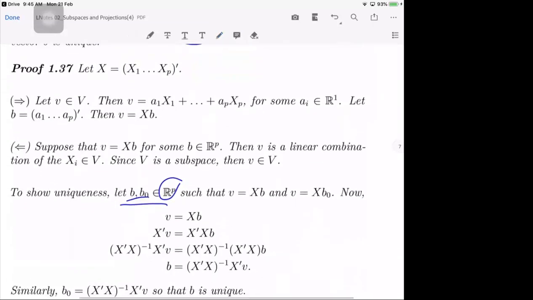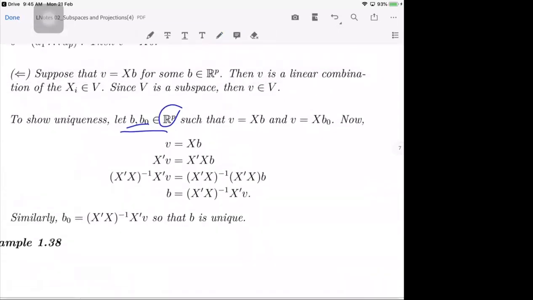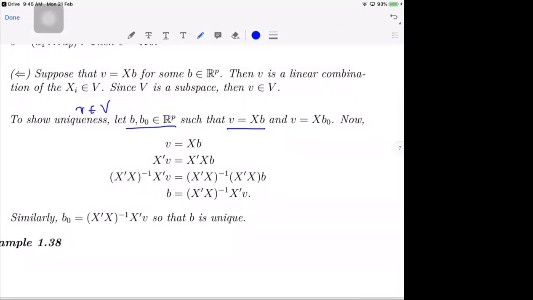So if you have two vectors in RP, you can write V because V is in V. You can write it as in this manner.